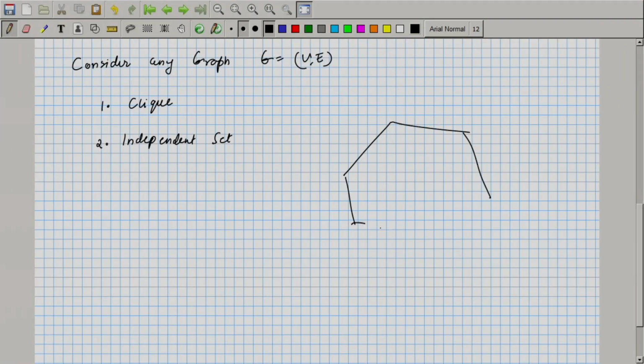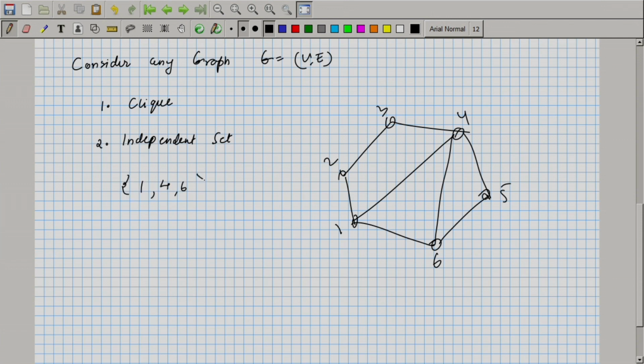For example, if we look at this particular graph with 6 vertices, and if I look at vertices 1, 4 and 6, they are all connected to each other, that is going to be a 3 clique. So, 1, 4, 6 forms a clique of size 3.